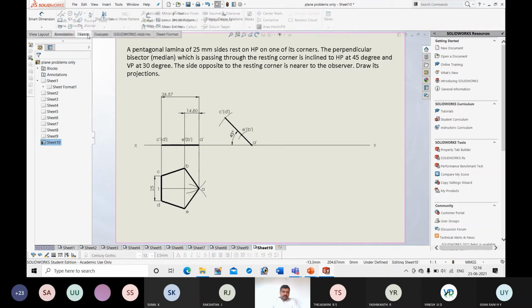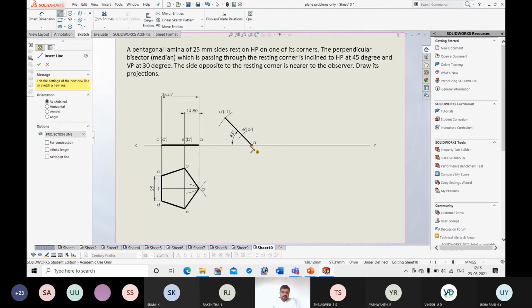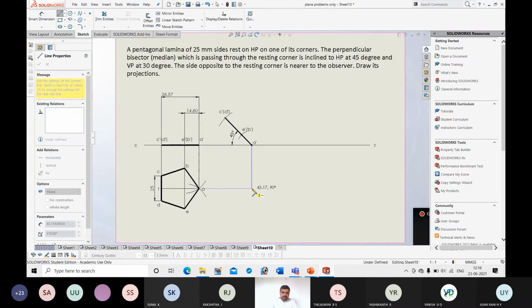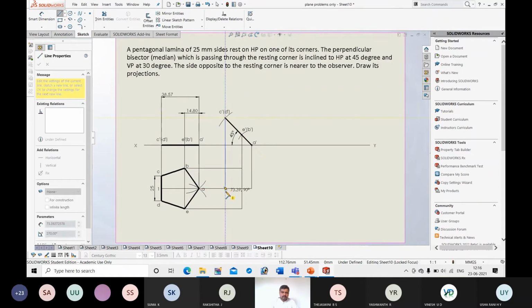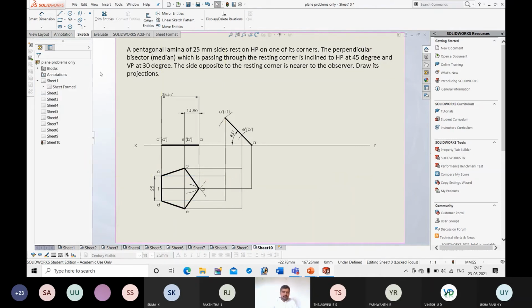Okay, next project the points and get the second top view. Project from both front and top view. Afterwards, I will connect all these points.